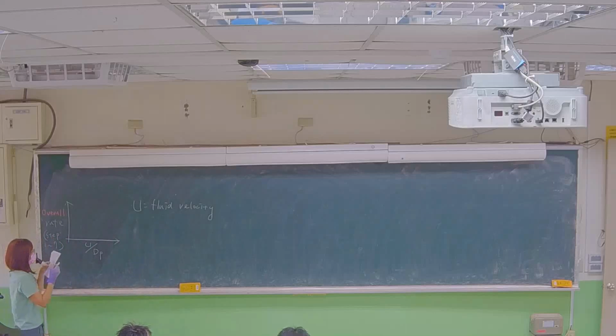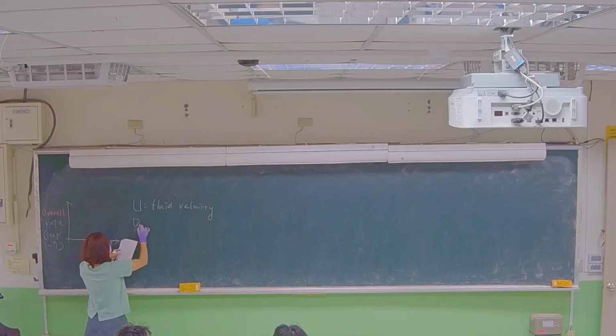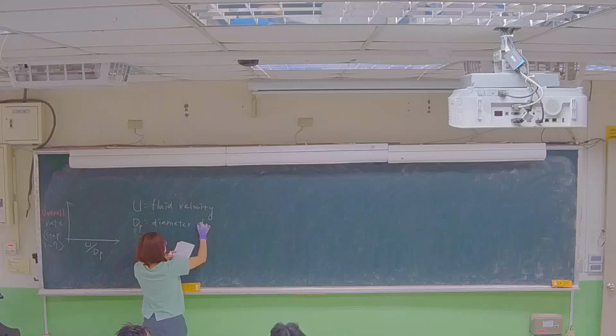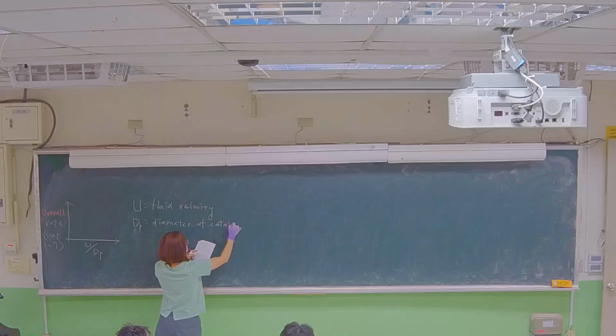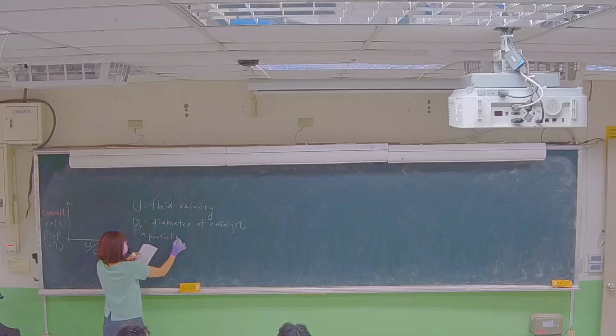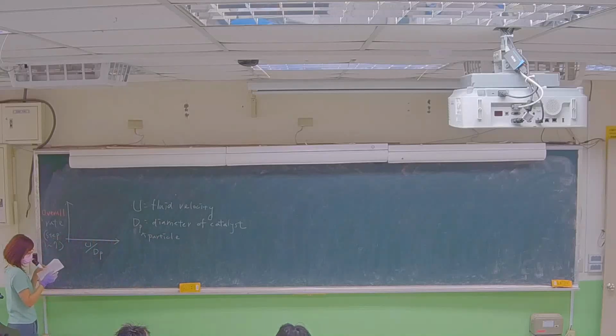And dP is the diameter of the catalyst particle. This P means particle, the catalyst particle. And then, how about the curve?